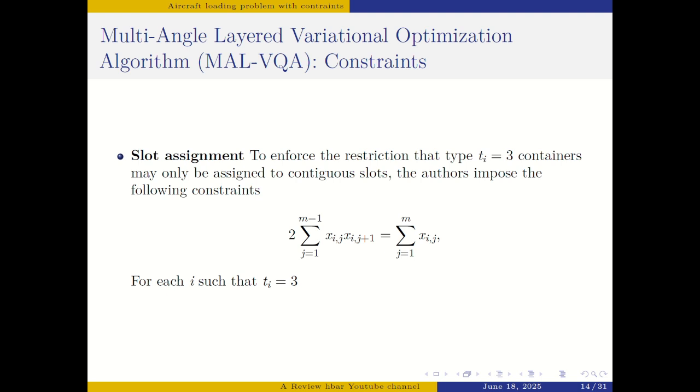However, just like with type 1 and type 2 containers, once a container is assigned to a position or a pair of positions, it cannot be assigned elsewhere. This constraint is introduced to capture that specific requirement.